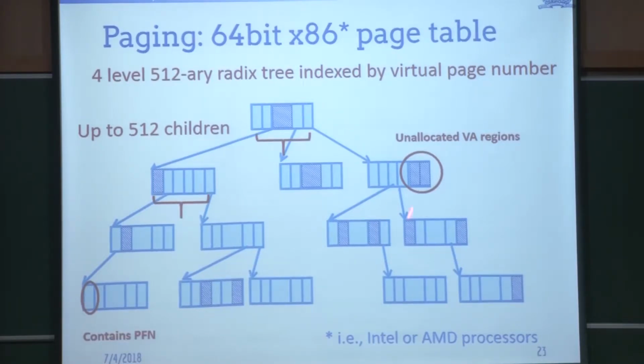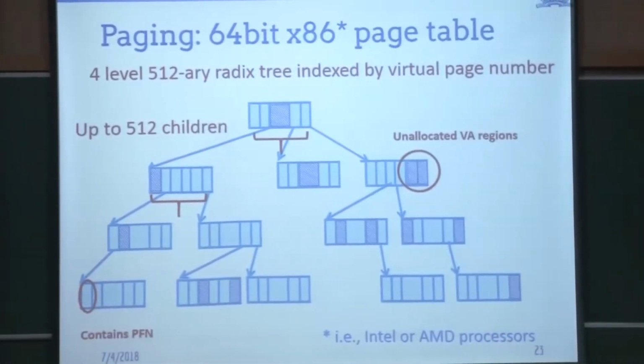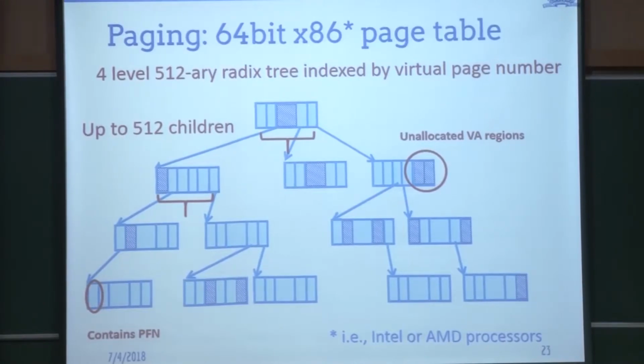What these pattern boxes are showing are the unallocated regions of the virtual address space. For an unallocated region, you do not have a pointer to the next level. That's how you save memory for sparse allocations. Is it clear?